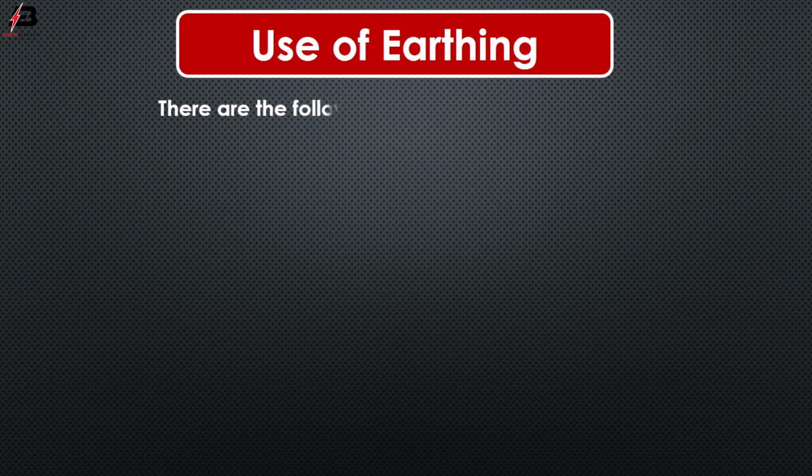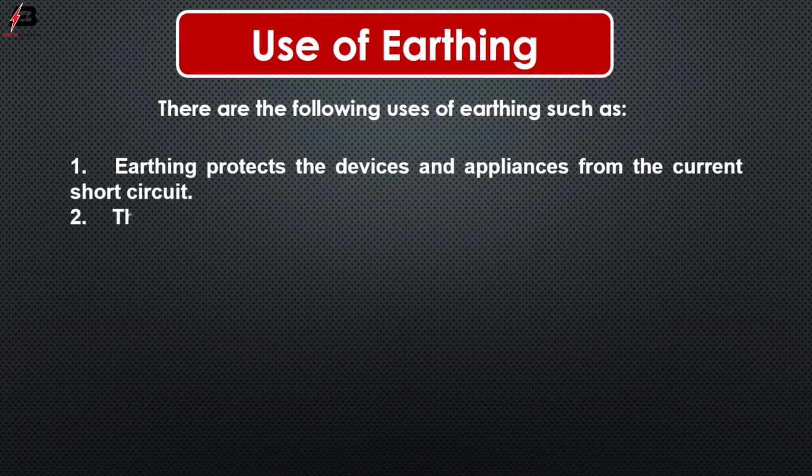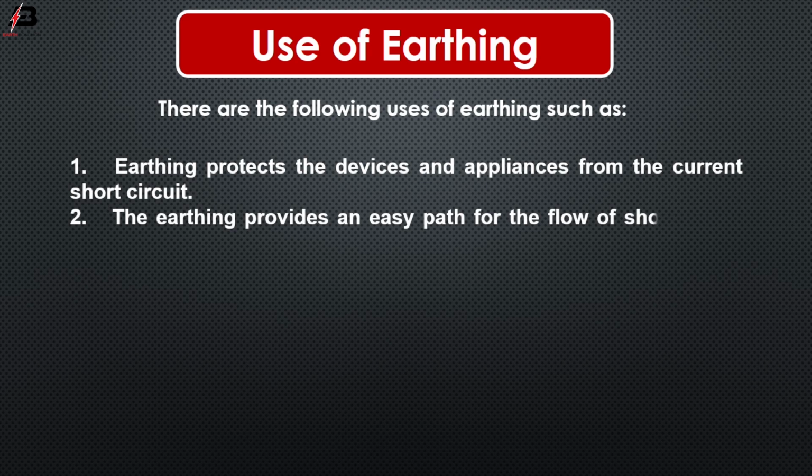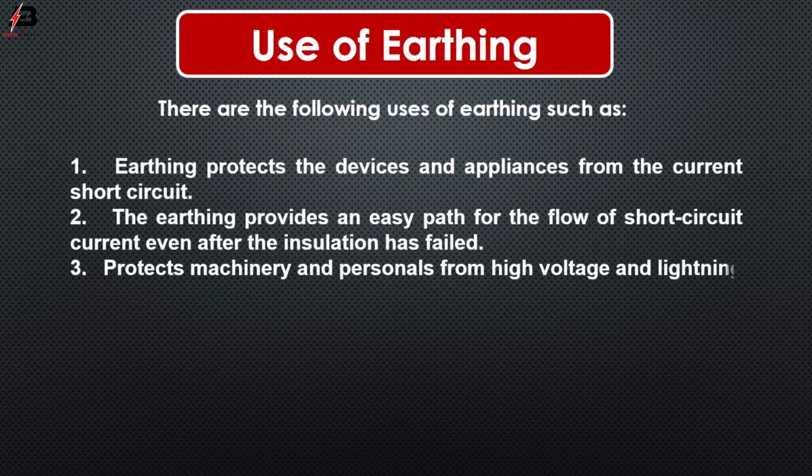There are the following uses of earthing, such as number 1, earth protects the devices and appliances from the current short circuit. Number 2, the earthing provides an easy path for the flow of short circuit current even after the insulation has failed. Number 3, protect machinery and personnel from high voltage and lightning discharge.